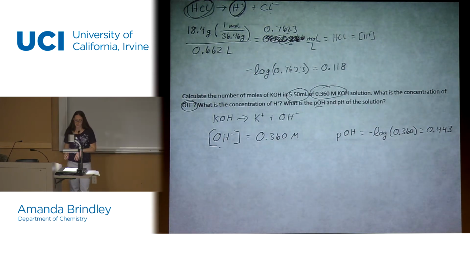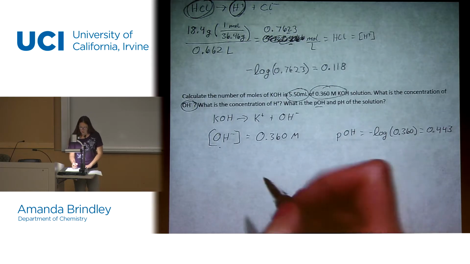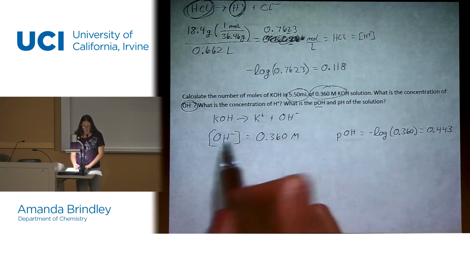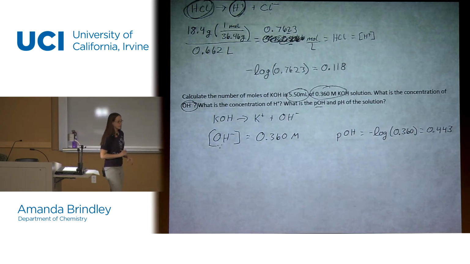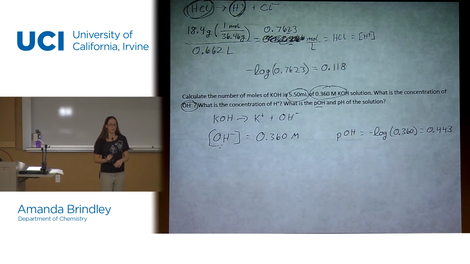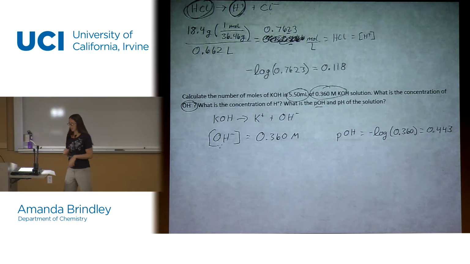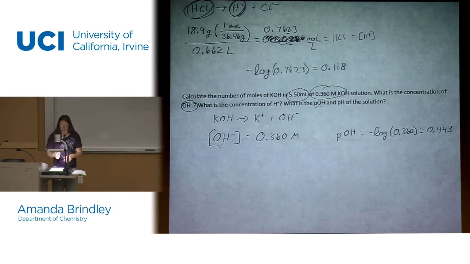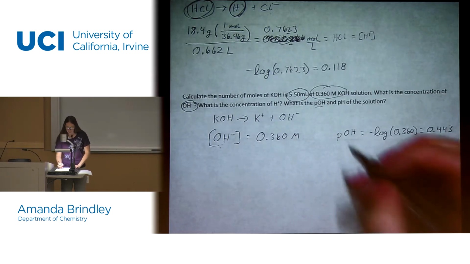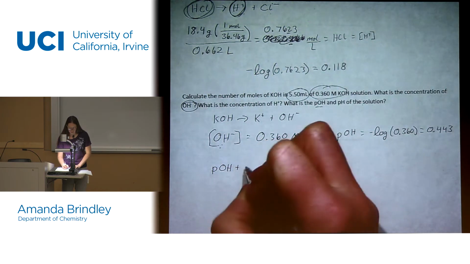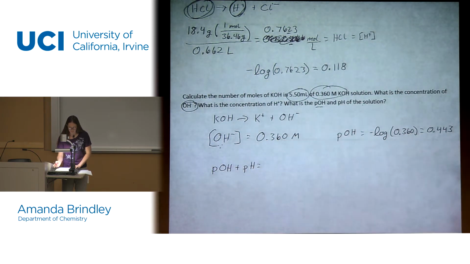Now, if we want to do H plus, we can do it 2 ways. What do we know about the concentration of H plus times the concentration of OH minus? What does it have to equal? 1 times 10 to the negative 14th. So we could do that. I like addition and subtraction better. So what I would probably do is say, okay, well, I know that my pOH plus my pH is equal to what?